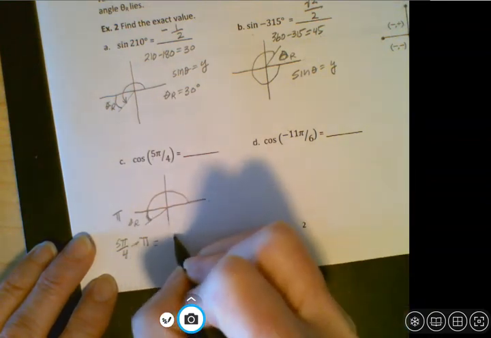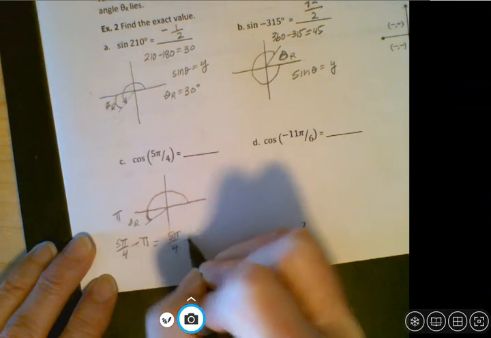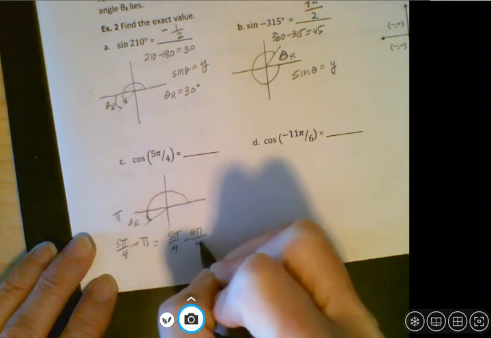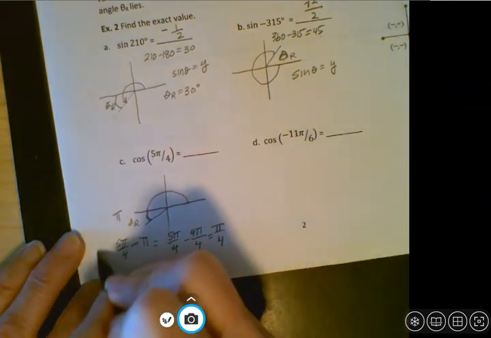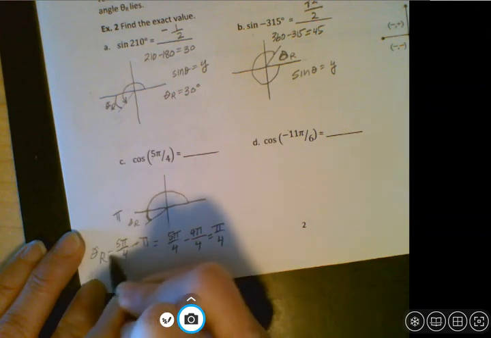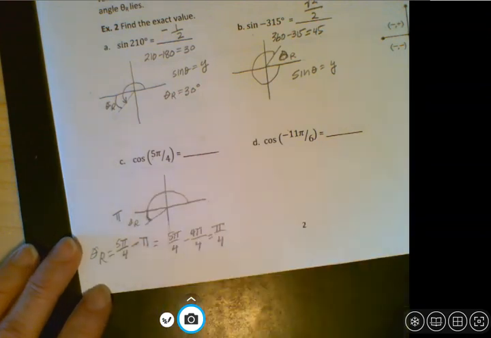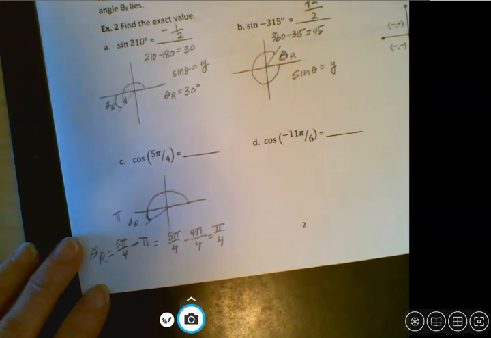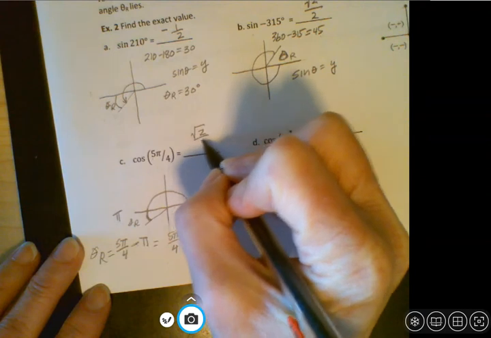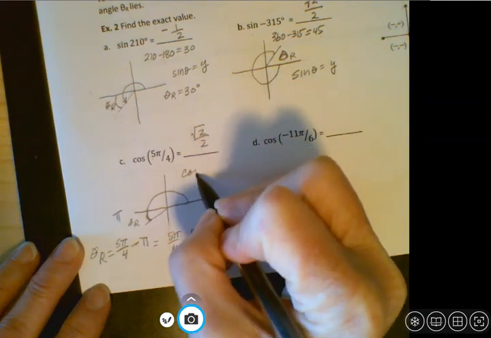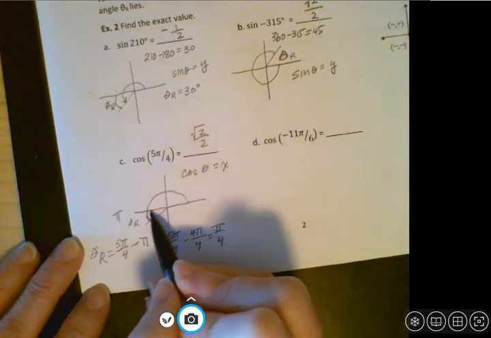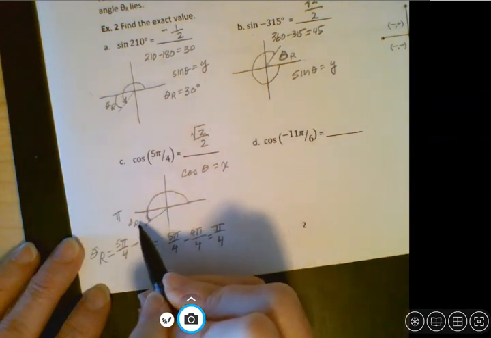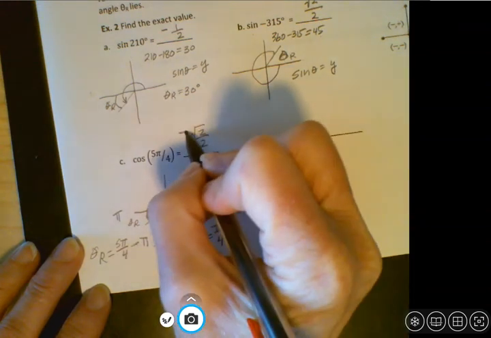Okay, so 5 pi over 4 minus 4 pi over 4 is 1 pi over 4. So that's my theta r. And so what is the cosine of pi over 4? Looking at our little diagram up here, our little cheat sheet, cosine is the square root of 2 over 2. Cosine of theta is what? X, right? In this quadrant, what is x? X is negative, so it's negative.